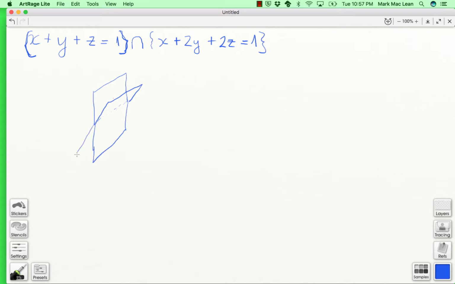There we go, something like that. Not such a bad drawing, maybe. And so here's this line of intersection, and we want to find an equation for that line.